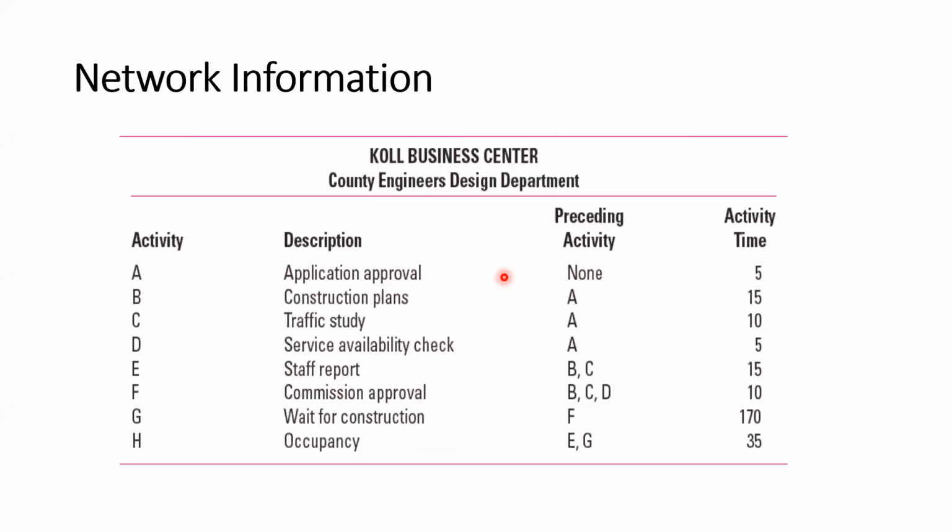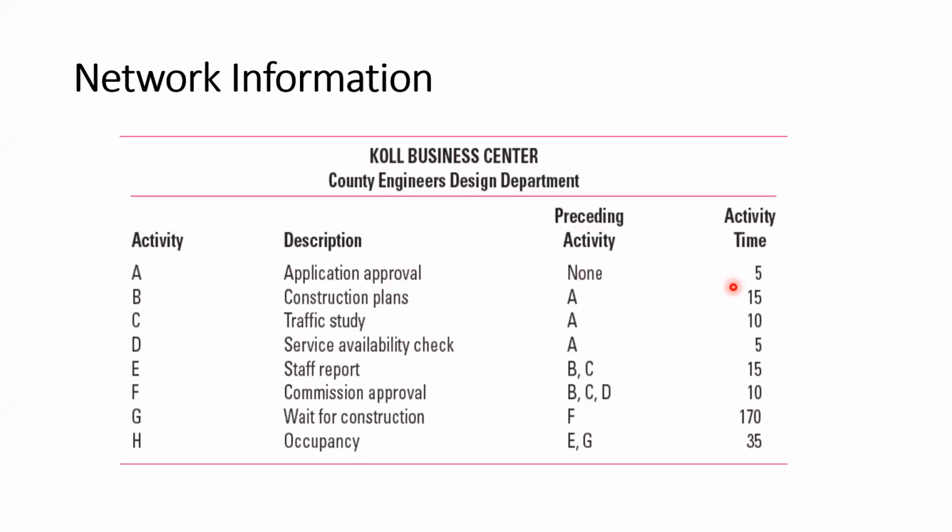So this is actually the complete question that you can get for developing a project plan or project network, right? You will get the preceding activities as well as the activity time. Activity time will be given for each of these activities.